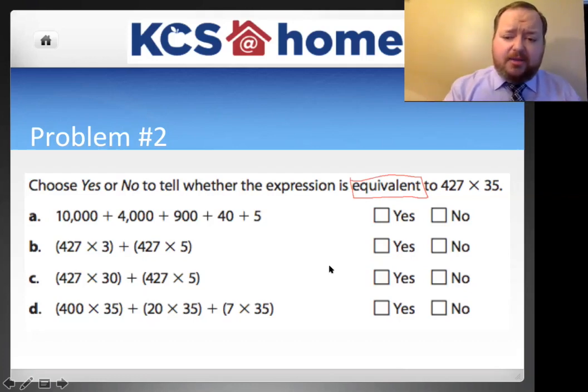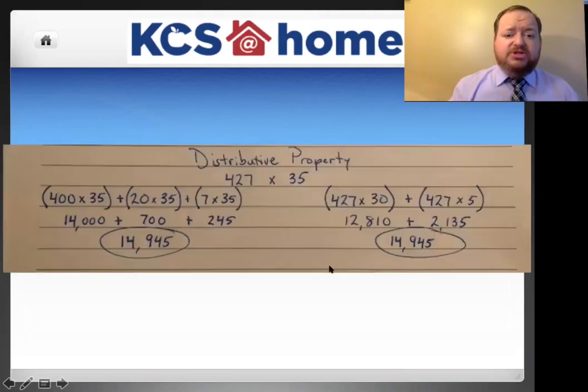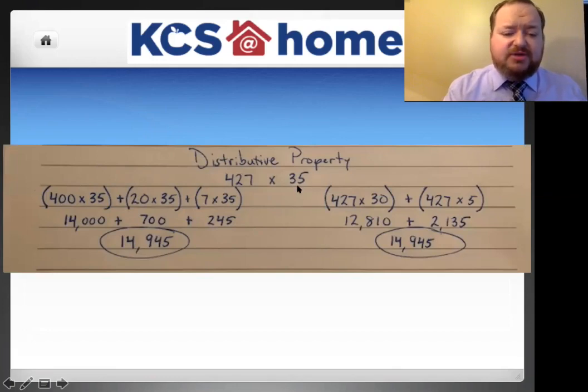So I'm going to take our problem, 427 times 35, and I'm going to use the distributive property to work that out. So on the left-hand side, I took the first factor, 427, broke it apart by place value, so 400, 20, and 7, and I multiplied each one of those place values, those factors, by 35, which was our second factor in the problem.